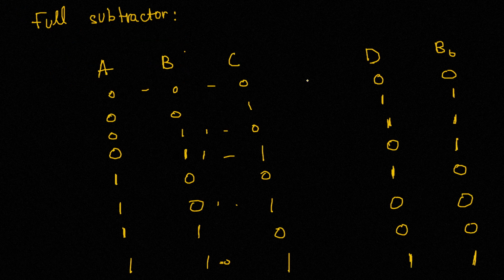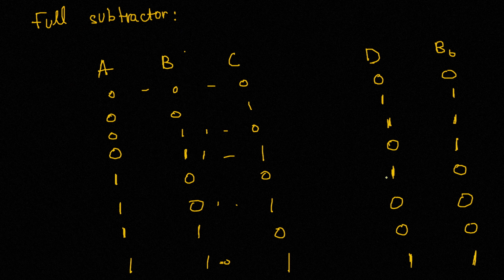So for difference we have 1 for A complement B complement C and A complement B C complement. Then we have another one for A B complement C complement and for ABC.